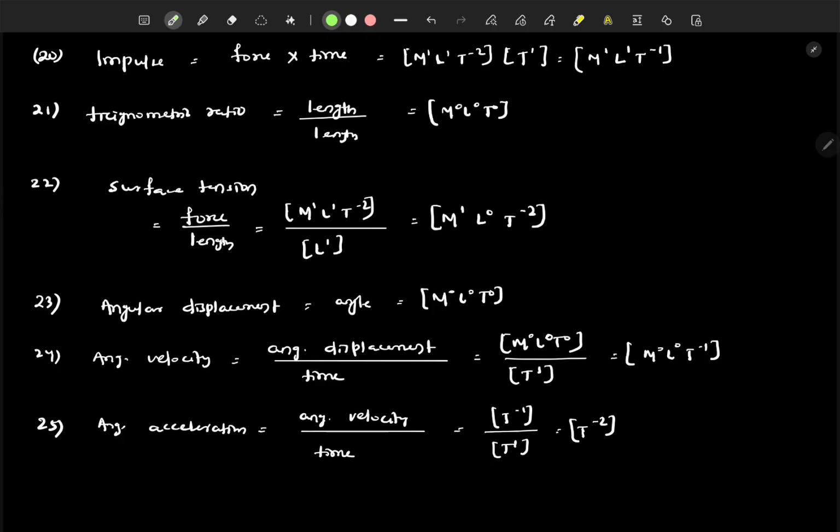Next come to quantity number 26, that is torque. Torque formula is radius into force. So we can write τ is equal to r dimension into F dimension.